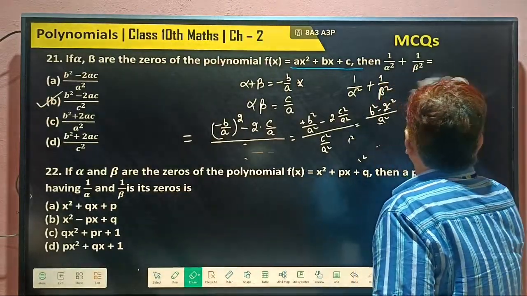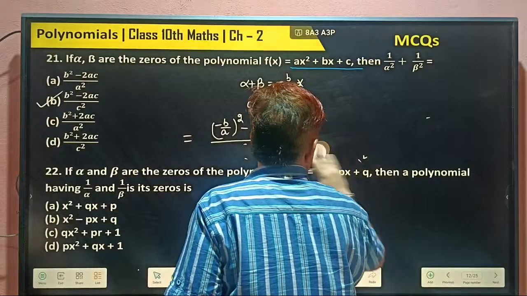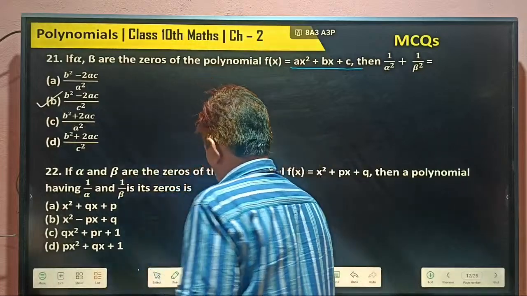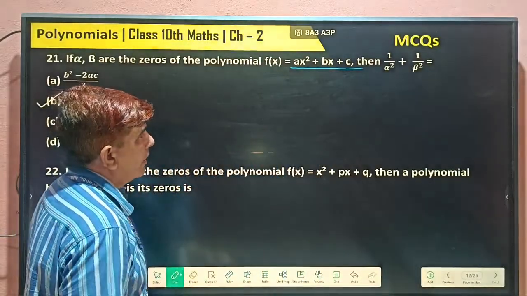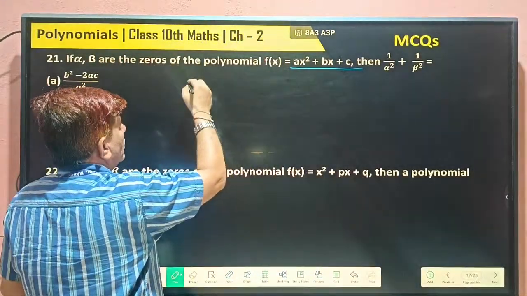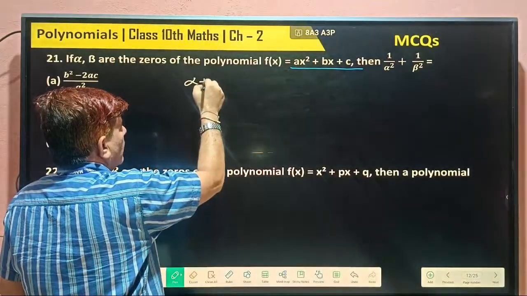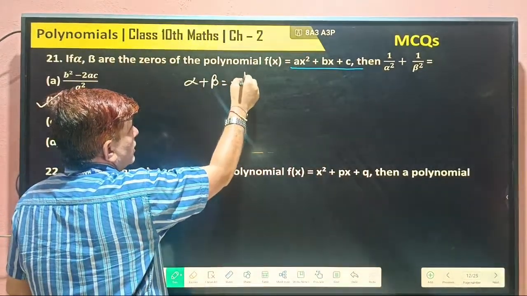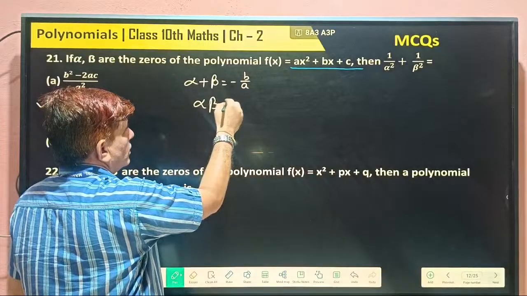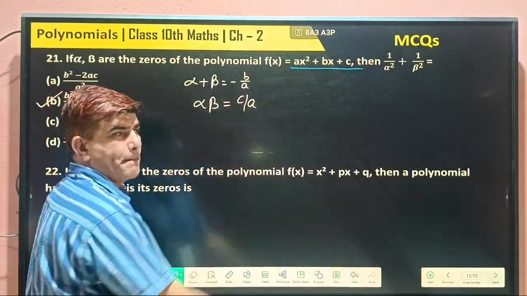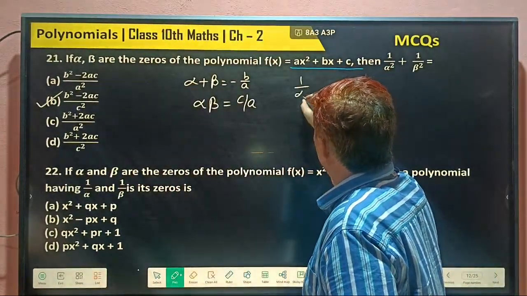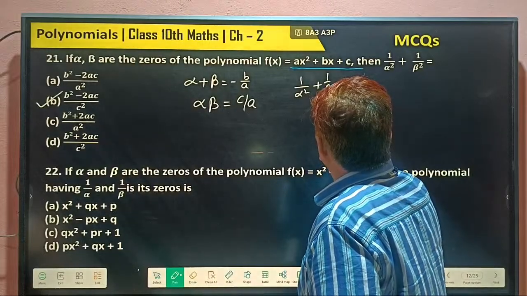It may be possible there is a mistake. Look, this polynomial, alpha and beta are its roots. Sum of the roots alpha plus beta equal to minus b by a. This you know, product of the zeros alpha beta is equal to c by a. Understood? And we have to find out the value of 1 by alpha square plus 1 by beta square.